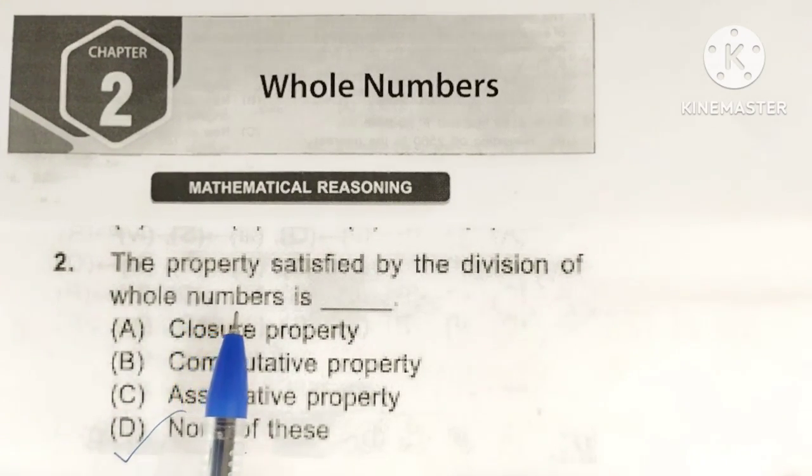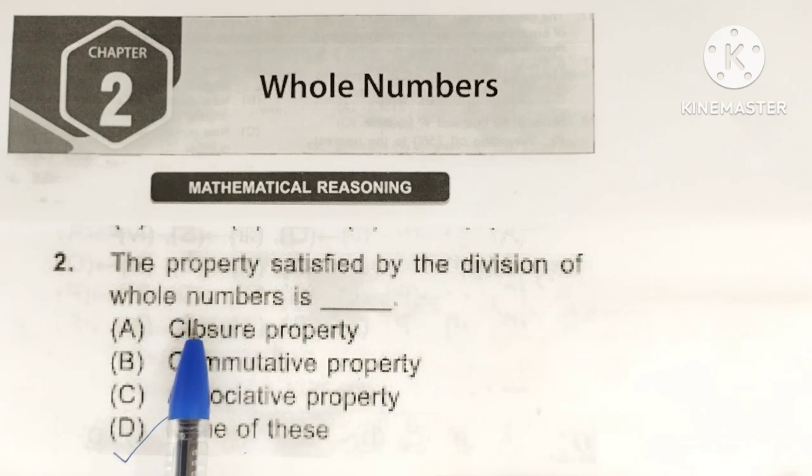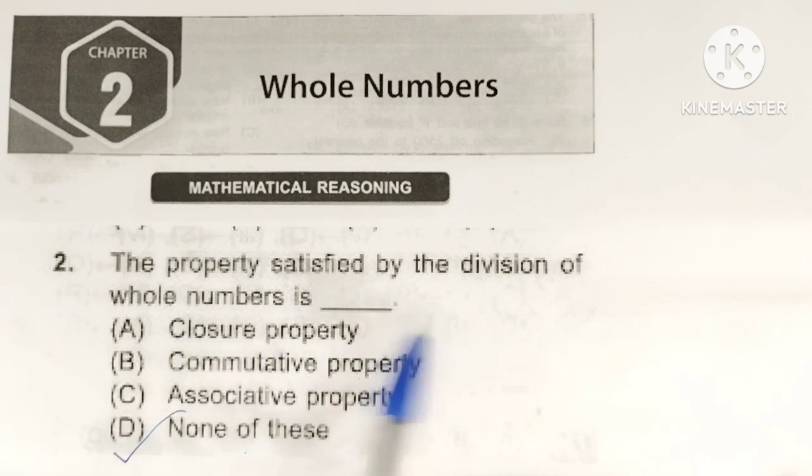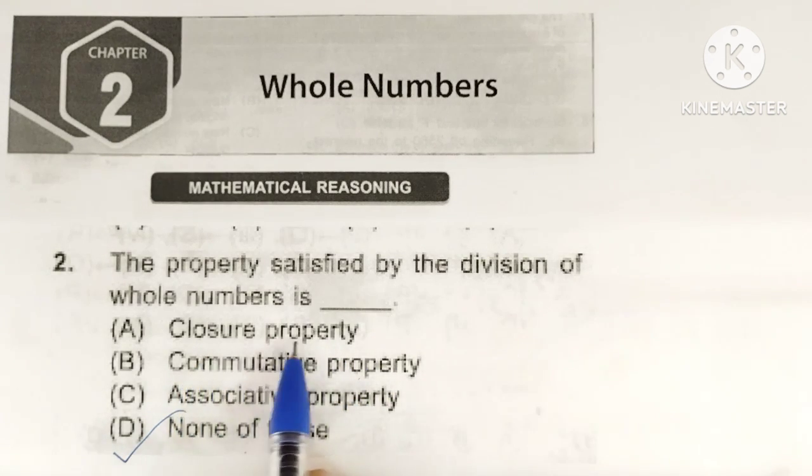Second one, the property satisfied by the division of whole numbers is A. Closure property, B. Commutative property, C. Associative property, D. None of these. We have to check all these properties. A. Closure property means let us take any two numbers belonging to whole numbers, their division should also be a whole number.